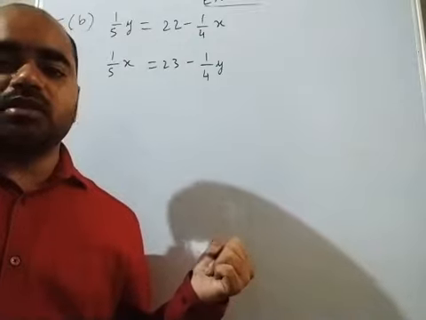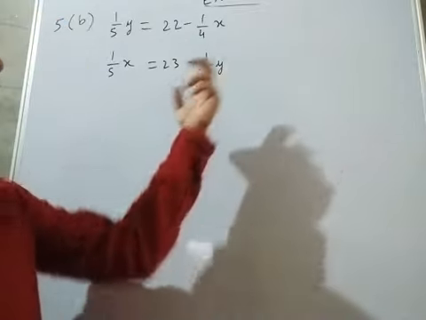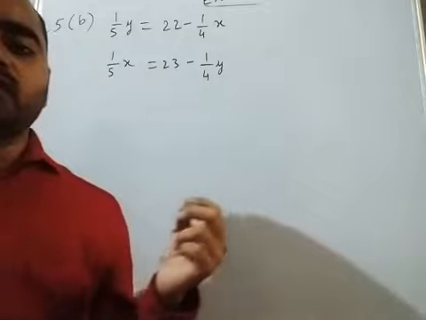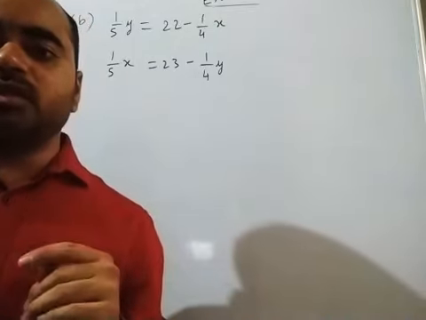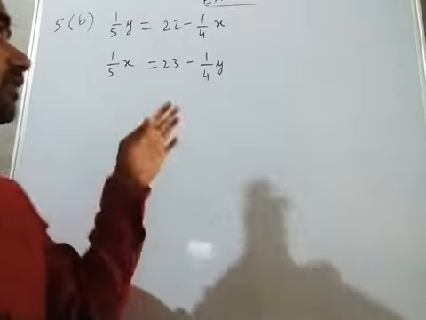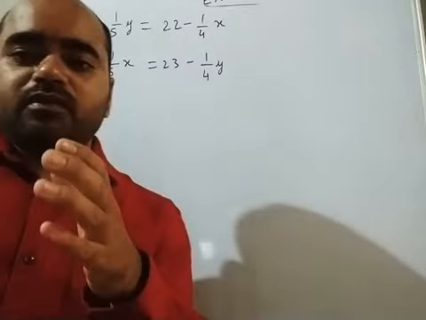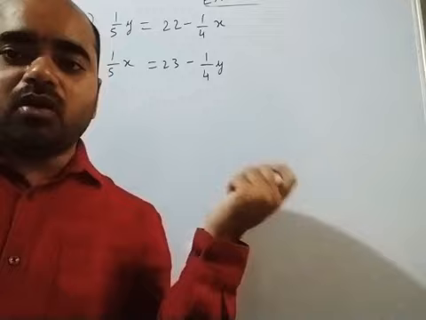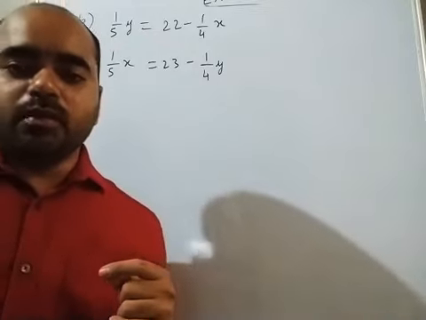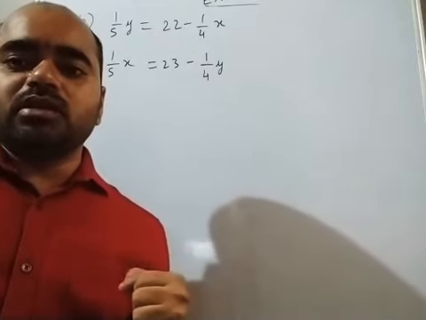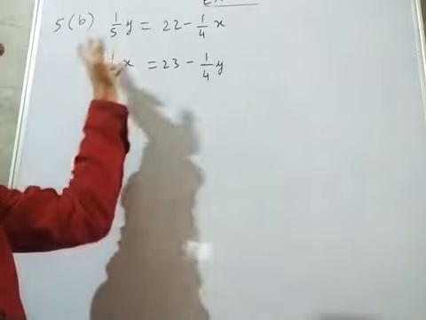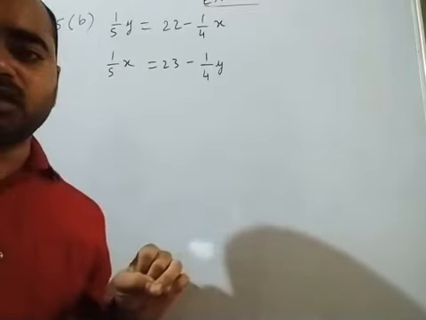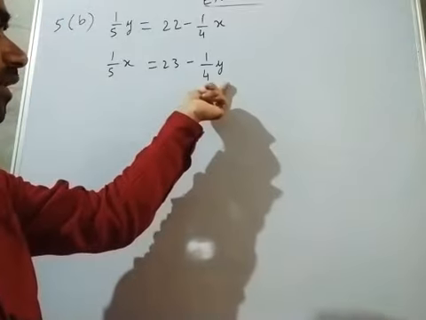First method. Or the second method is, first always we have to write the equation for applying the substitution or elimination method. We have to bring x and y all together on one side. Like we can transpose minus 1 upon 4x, or here transpose minus 1 upon 4y.